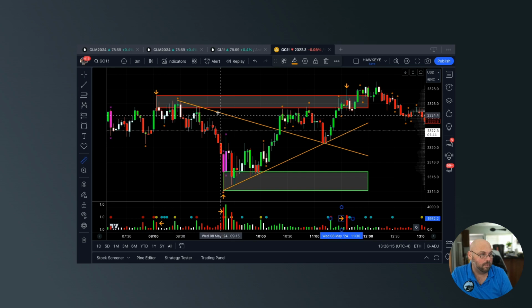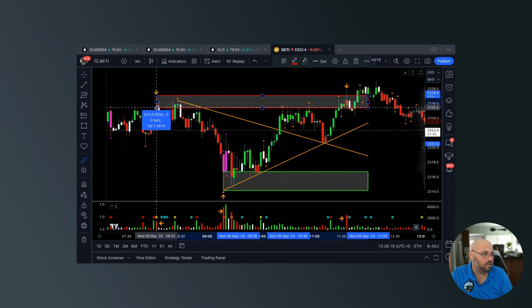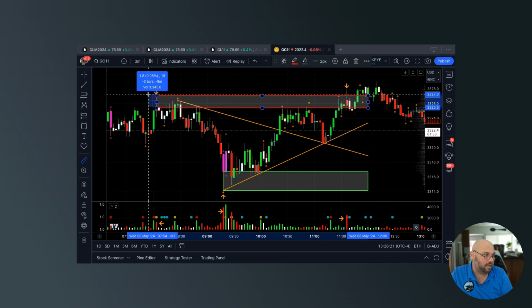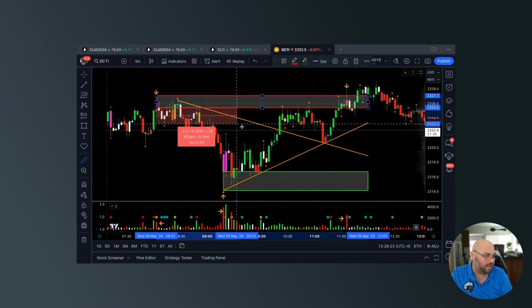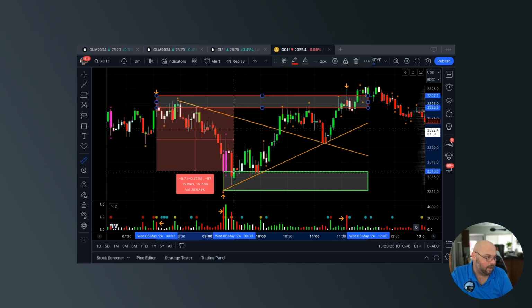If you got short here, okay, the close of this candle, you were risking roughly 17 ticks. When I identified that price was no longer going lower, you had the opportunity to capture 88 ticks. That's like a 4+ to 1 risk reward ratio.